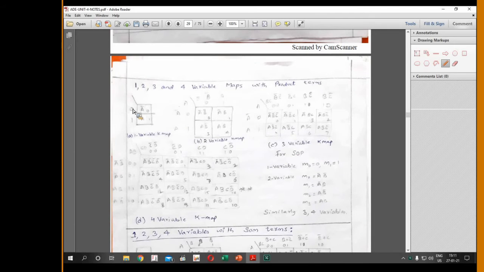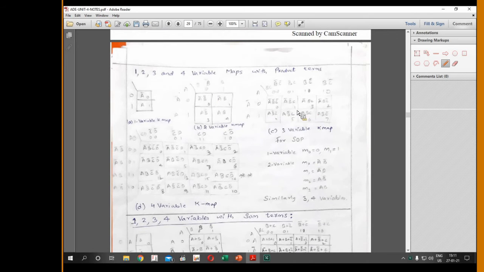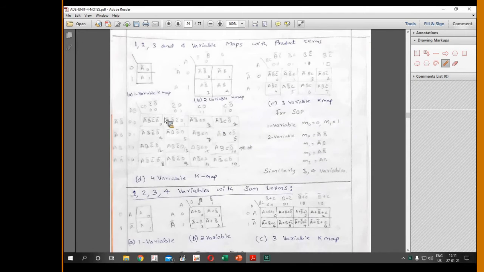So now this is your one variable K-map, two variable K-map, three variable K-map, and four variable K-map using your minterms.